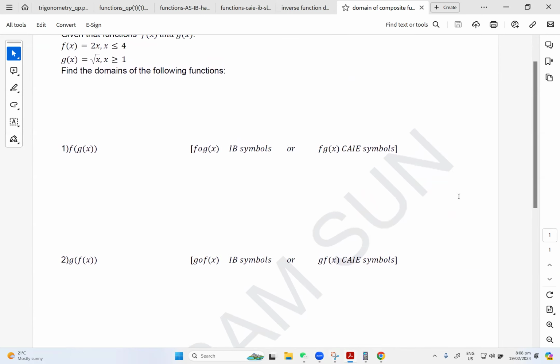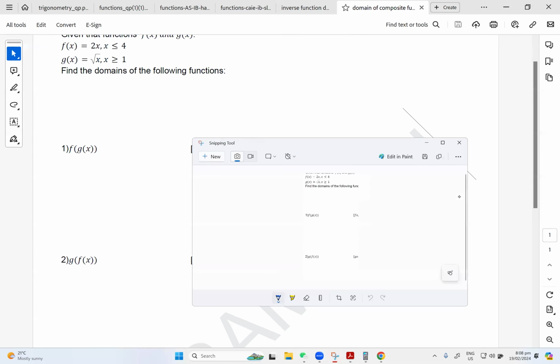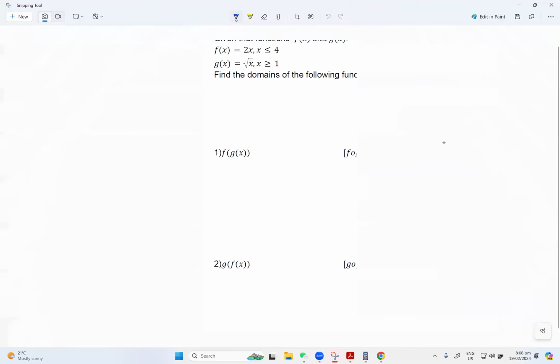G(F). If you copy the same idea, first, x is the input of F. Therefore, x less than or equal to 4.